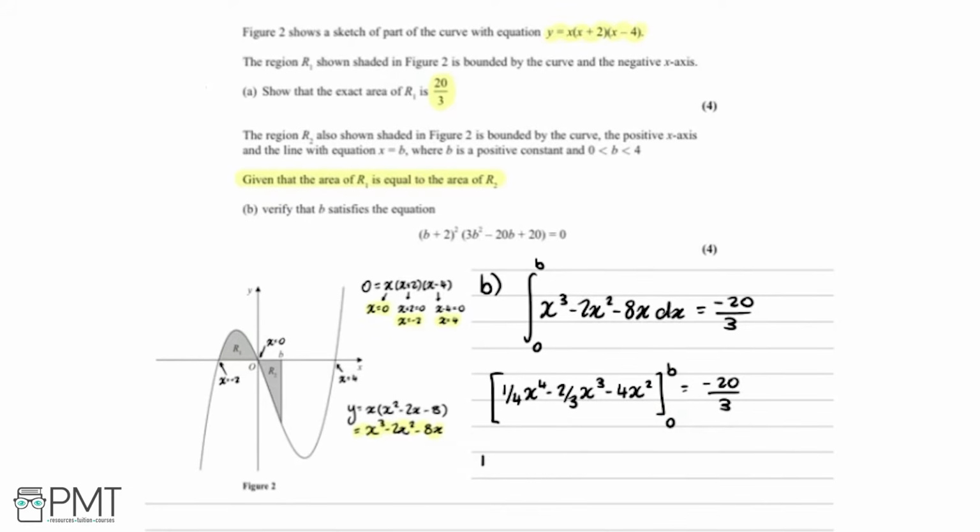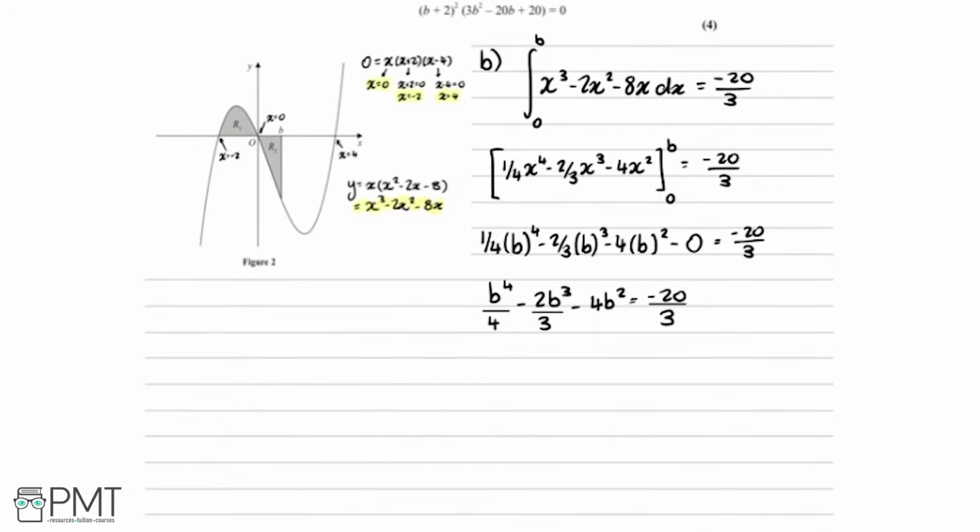Doing that, we get a quarter b to the power 4 minus 2 over 3 b to the power 3 minus 4b squared. We can see there's an x in each of these individual terms, which means when we sub in x equals 0, it's just going to go to 0. So I can just write minus 0, and that equals minus 20 over 3. Here we've written that in a more succinct form. One thing I noticed here is that we've got quite a lot of fractions.